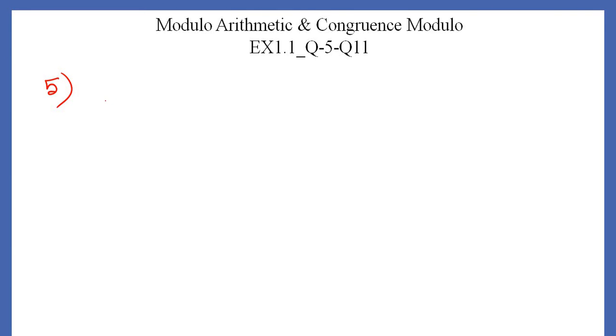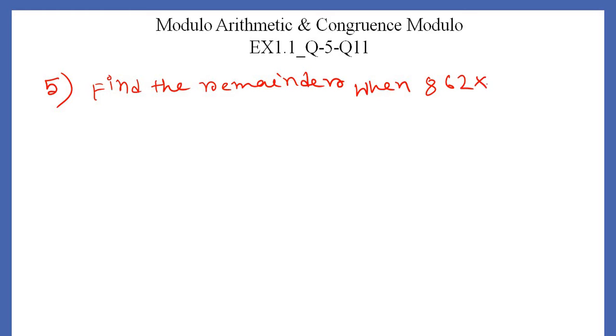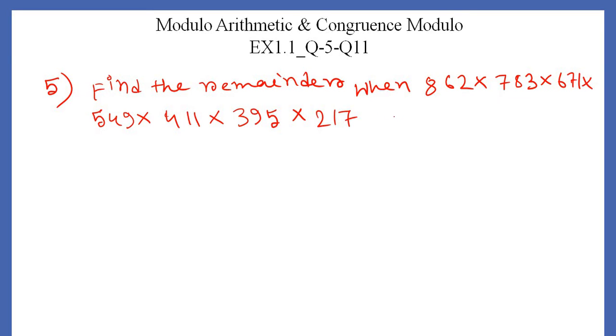Here you have to find the remainder when 862 into 783 into 671 into 549 into 411 into 395 into 217 is divided by 8.